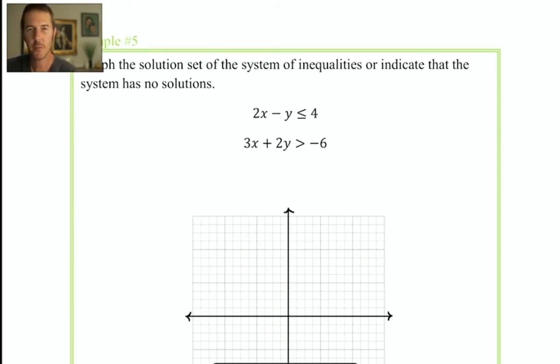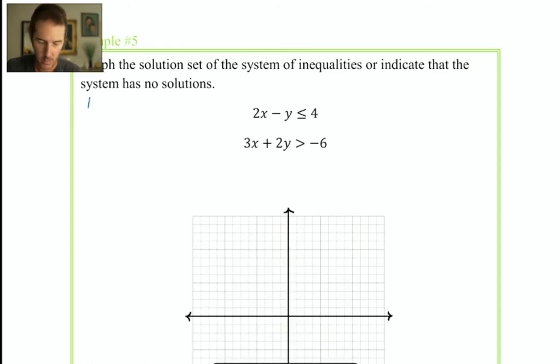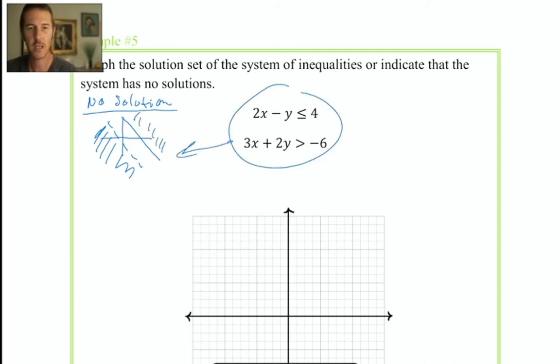What would it look like if a system of inequalities had no solution? I suppose I should address that. Graphically, if we shaded maybe a diagonal dashed line like this, and the shading was to the left of it, and then there was a parallel line, and the shading was to the right of it, because those shaded regions don't overlap each other at all, there would be no solution.